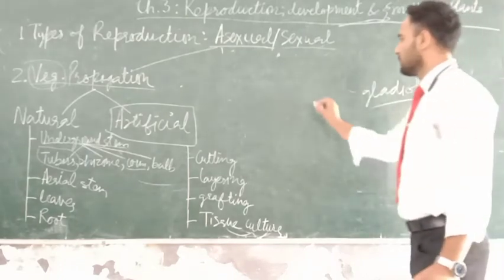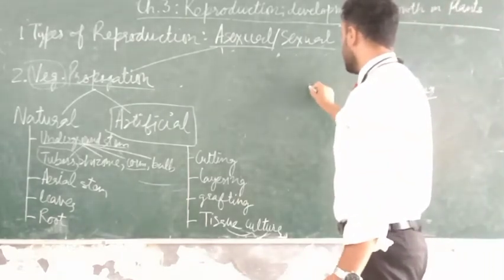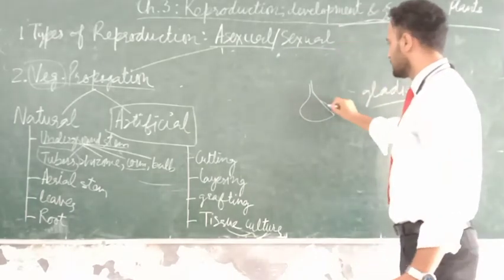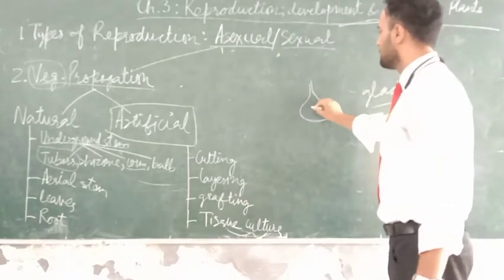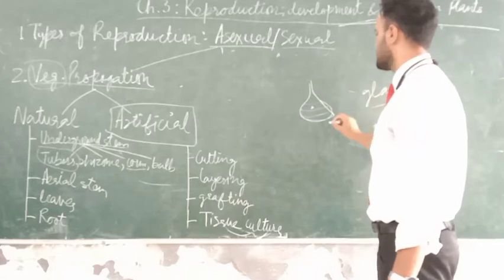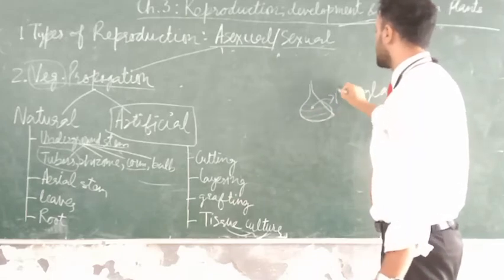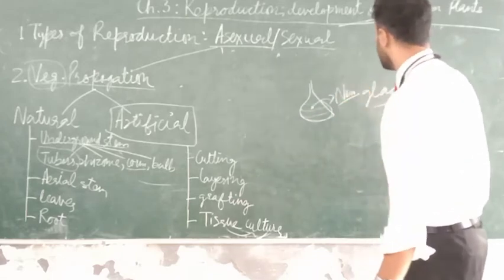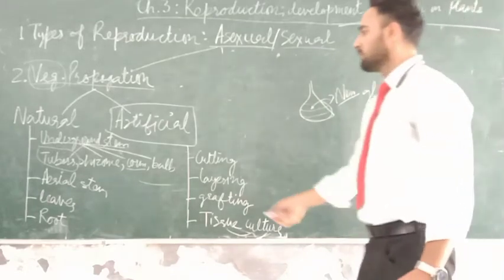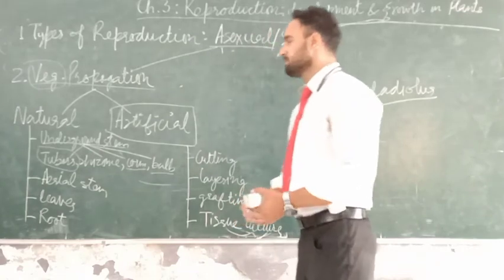A corm is also an underground stem with a swollen base bearing buds. It is covered with scale leaves, and this bud is capable of growing into a new plant. The example is gladiolus. And the fourth one is the bulb.